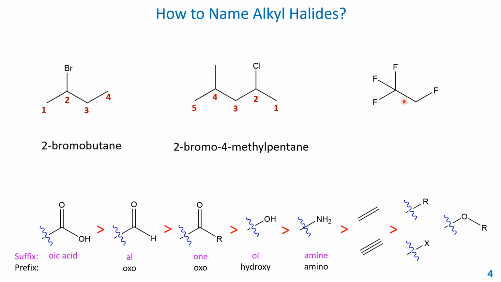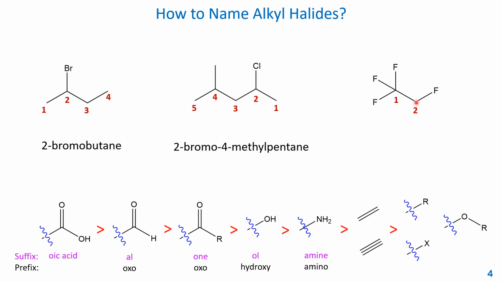This is actually an important compound here. It's the replacement of the freon. Okay, so the refrigerant. And this is a 2-carbon compound. We number this carbon as 1, this other carbon as 2. Why? Because on carbon 1, you will have 3 fluoro groups.